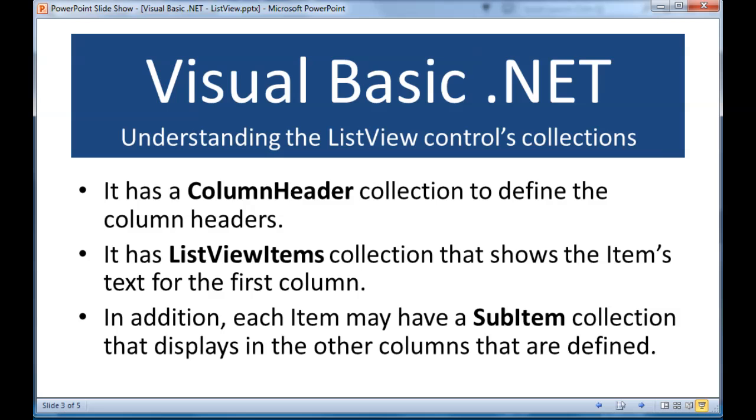Then we have the list view items collection where we add the list view item itself, and that list view item's text property becomes what we see for the first column of our list view, and then the sub items of the list view item that we've added to our list view items collection become the other columns that will appear on our screen.